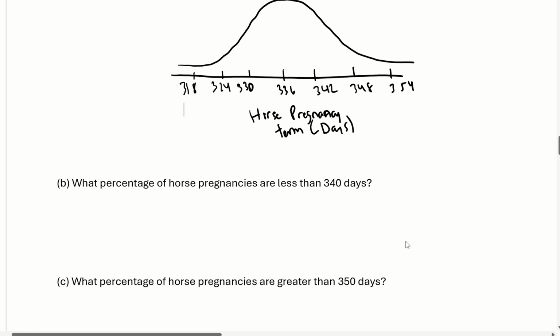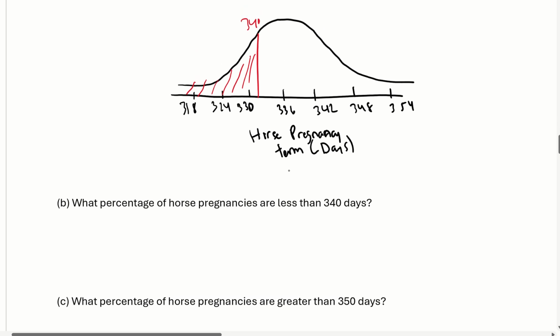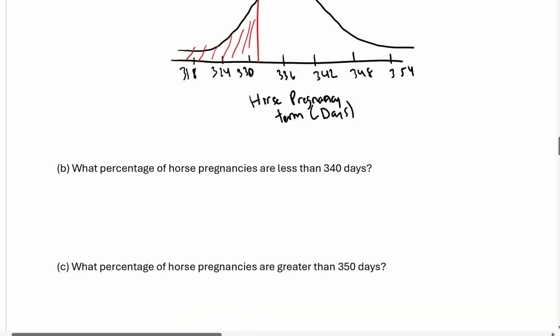So easy point. What percentage of horse pregnancies are less than 340? So now we're looking for less than 340. So 340 is like here. So we're looking for the area to the left of that, right? For part B, because it has to be less than, we need to convert the 340 to a z-score.